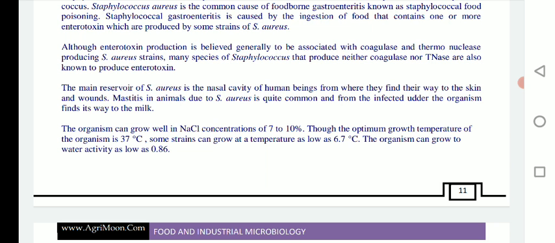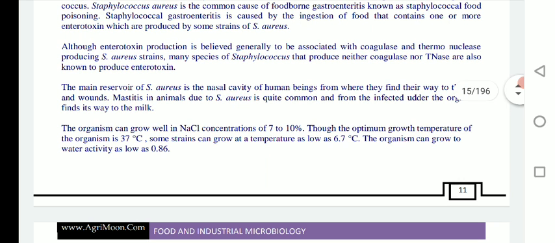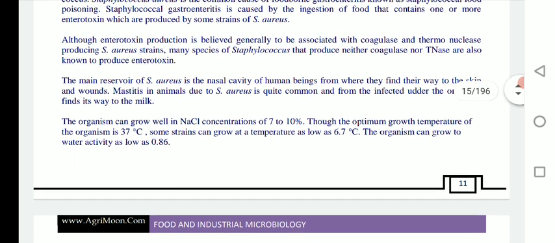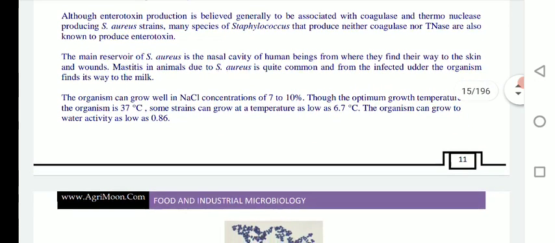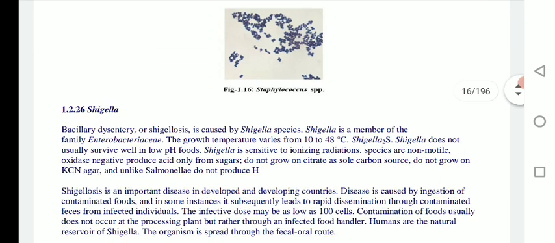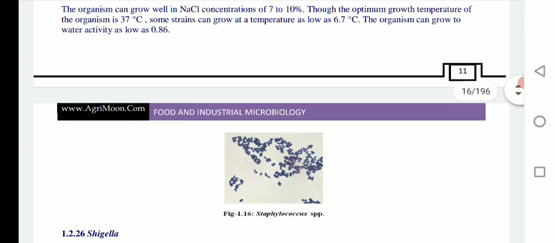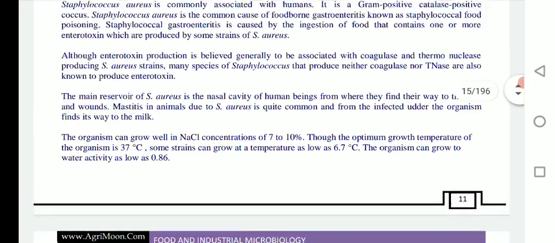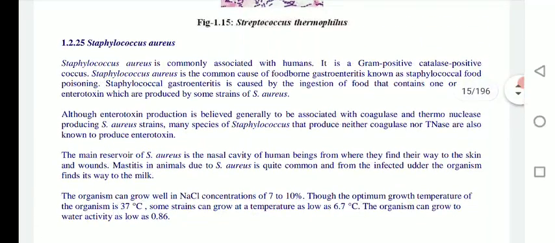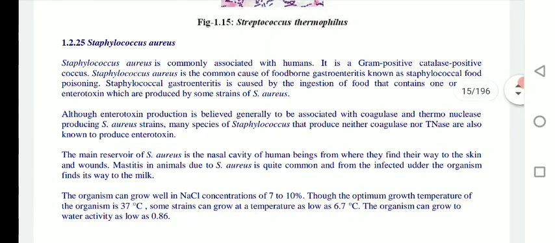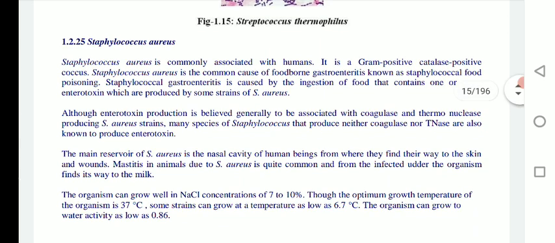Some strains can grow at temperatures as low as 6.7 degrees Celsius, and at water activity as low as 0.86. So this is overall information regarding Staphylococcus aureus. Basically this organism causes foodborne illness by producing toxins known as enterotoxins, and it causes gastroenteritis.